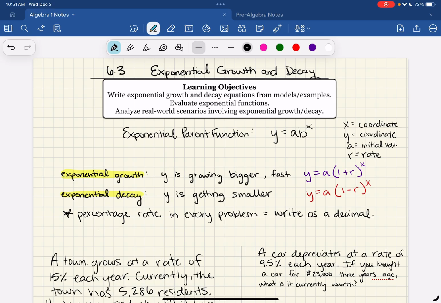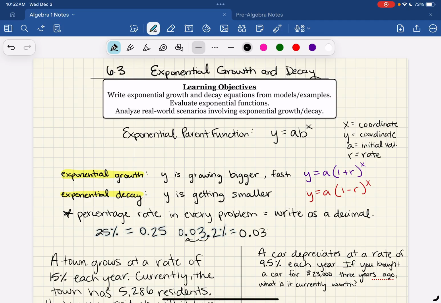So if I have the percent 25%, what is this as a decimal? 0.25. What if I have the percent 3.2? Okay, I have to move my decimal 2 places, and I have a significant 0 right here. So that 0 has to be included.